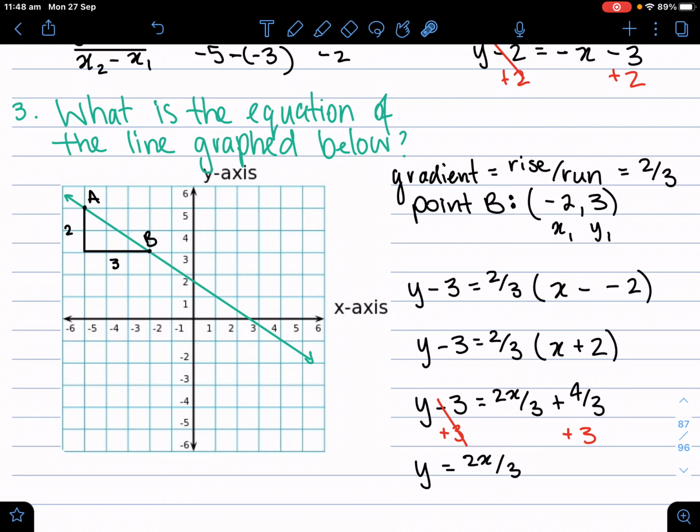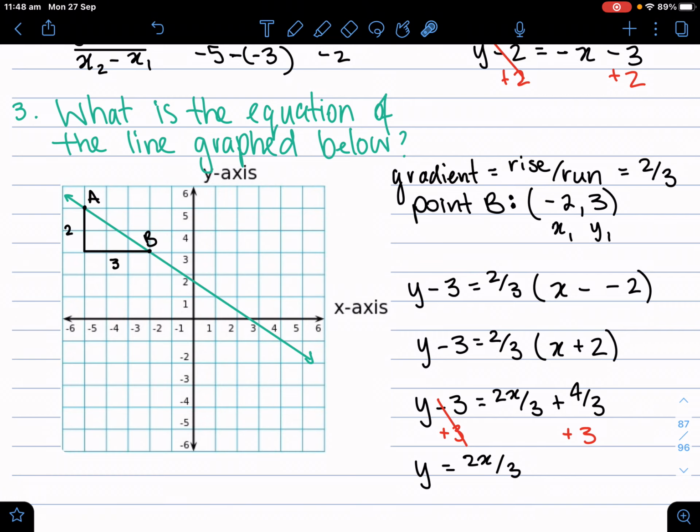So now I have my gradient and I have my 1 point. Chuck it all in the formula, expand the brackets, get y by itself to make y equals 2x over 3 and 4 over 3 plus 3 will give me my y-intercept here.